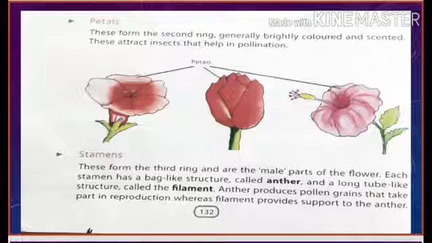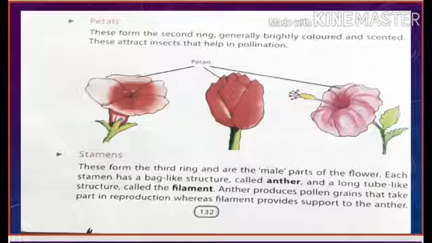So, what is the purpose behind brightly colored petals and fragrance in this second ring of the flower? The answer is, these are given by nature to attract the insects or human beings for pollination. What is pollination? We will discuss later after the completion of the structure of flower.